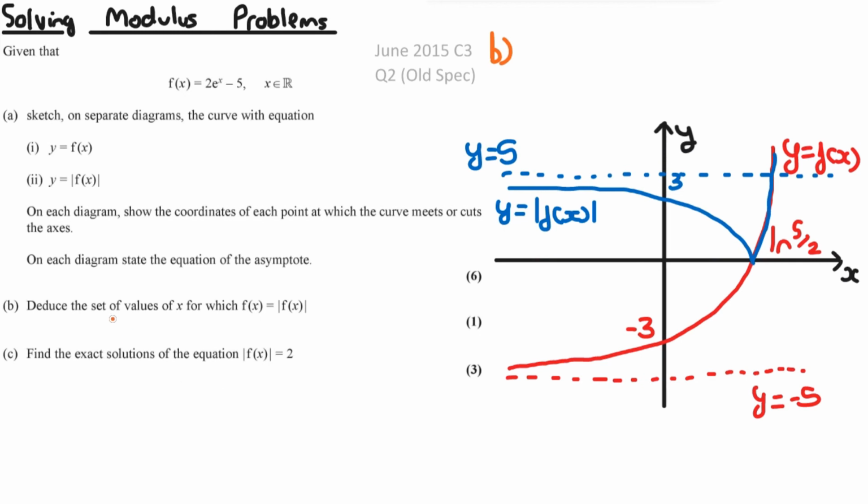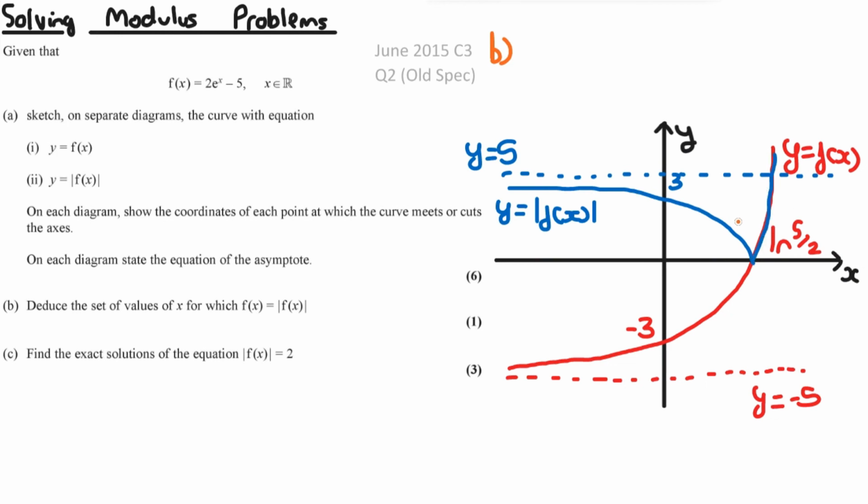So for part B, we need to deduce the set of values for which f of x is equal to the modulus of f of x. And we can just use the graph for this easily. So we need to find the set of values for which f of x here is equal to this. And this is all of this area of the graph here. When it goes under the x-axis, they split off in their own directions, but everything here is completely fine.